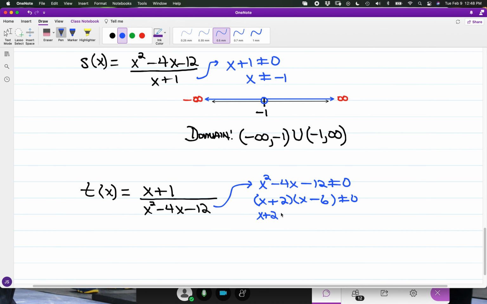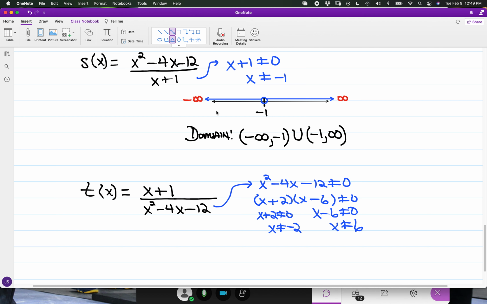If x plus 2 cannot be 0, then x cannot be negative 2, and if x minus 6 cannot be 0, then x cannot be equal to 6. So we have two exclusions from the domain.